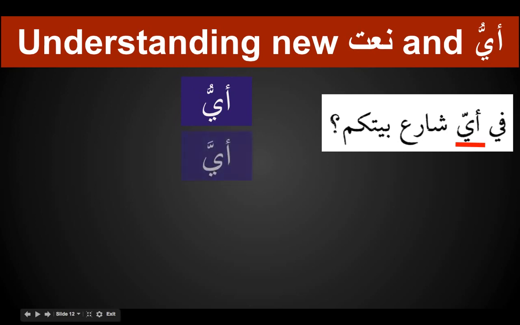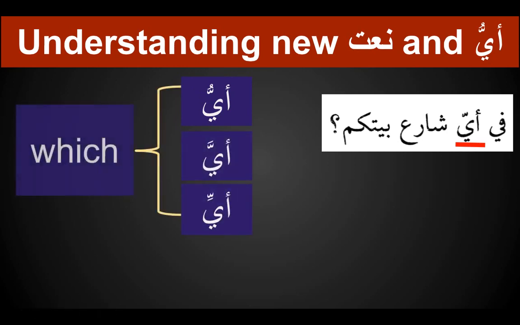Ayyu can be ayya and ayyi, which means which. So it's asking a question. So the speciality of this word ayyu is that it always comes as a mudaf, which means the word which comes after it is always a mudaf ilayhi and it will have kasra. So this is what we need to understand. So this is also kind of a special mudaf.